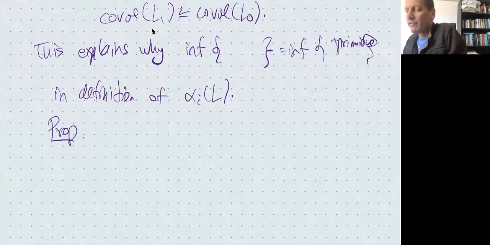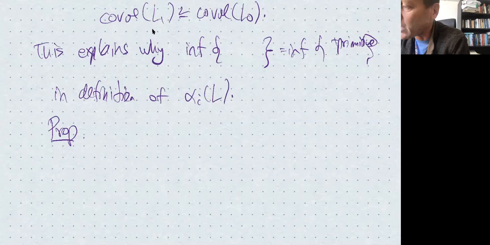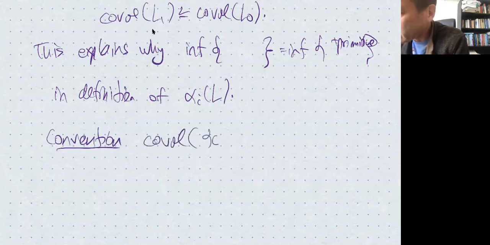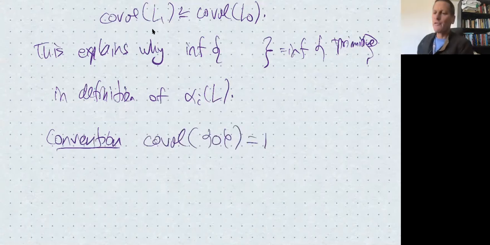So there's an alpha i in every dimension i between 0 and n, the dimension of the lattice. There's a convention for what happens in dimension 0. In dimension 0, the co-volume of the trivial subgroup is by convention 1.